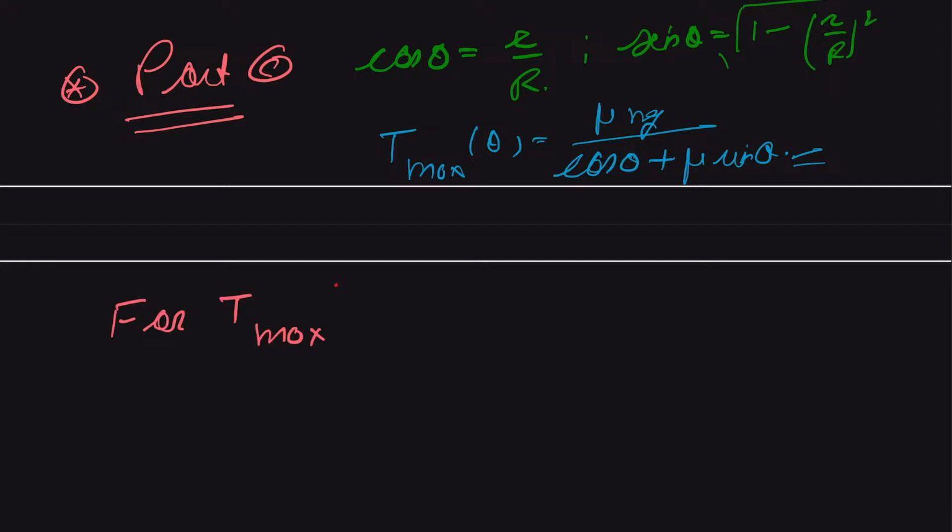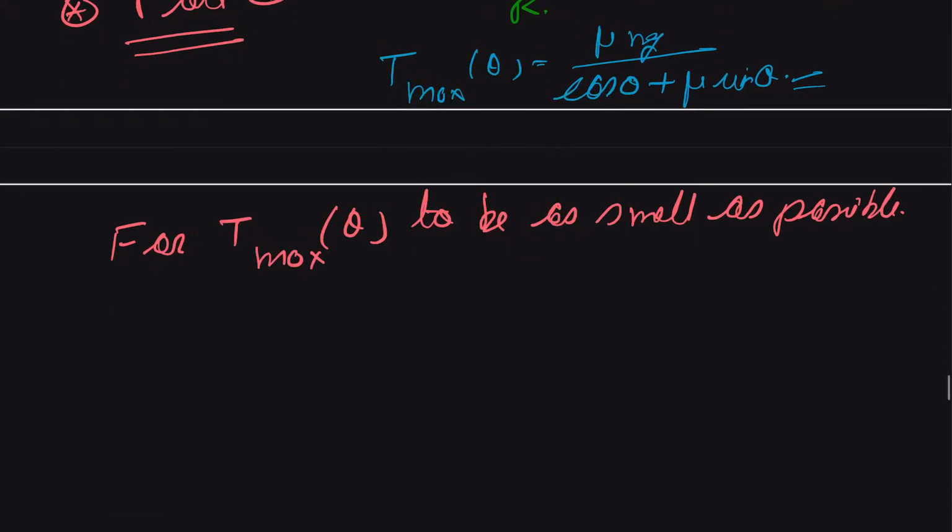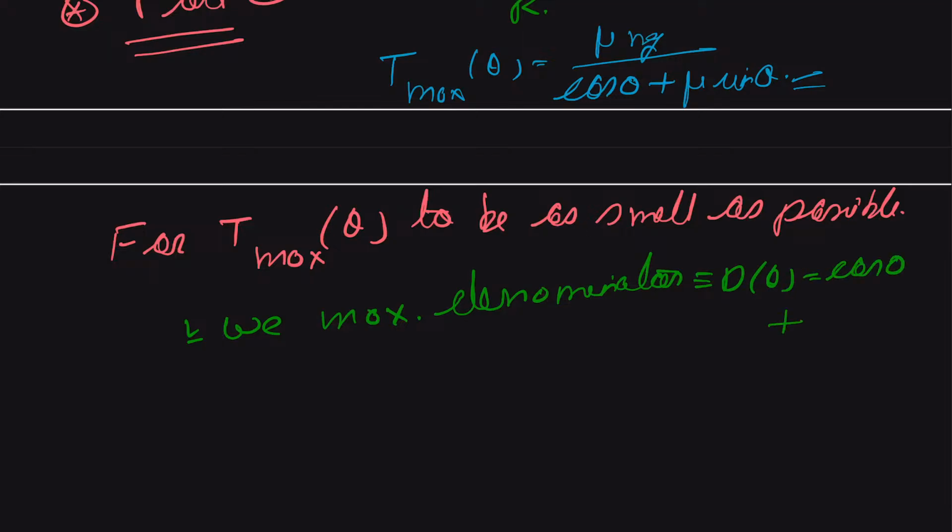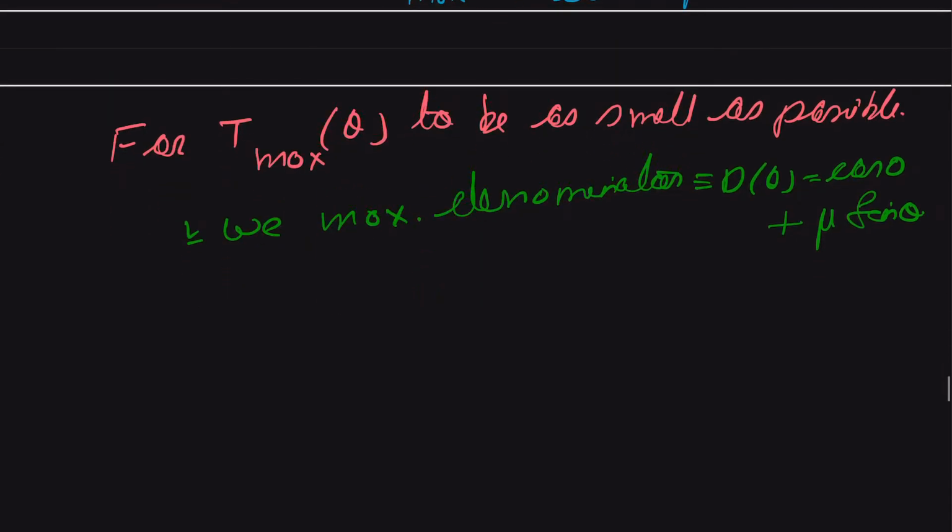Therefore, for T max θ to be as small as possible, we maximize the denominator. The denominator is, suppose, d of θ, which is equal to cos θ plus μ sin θ.